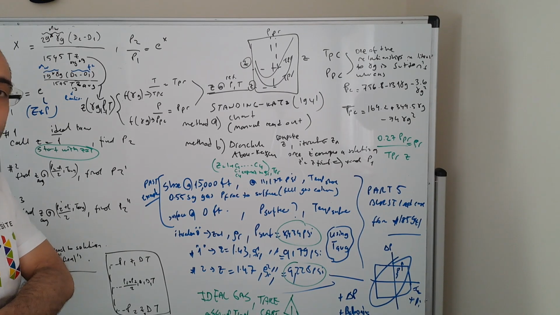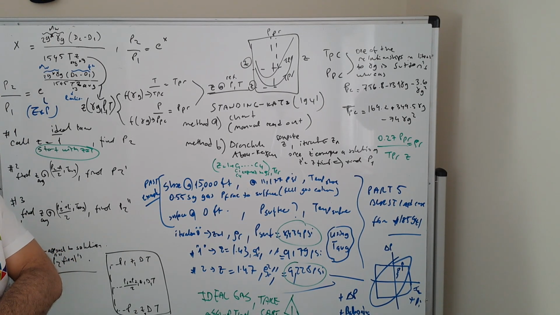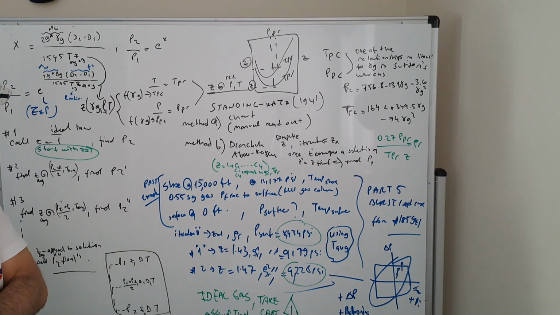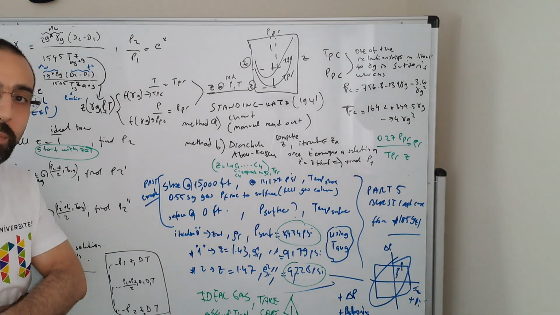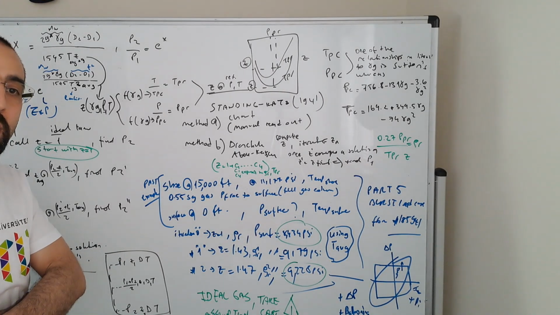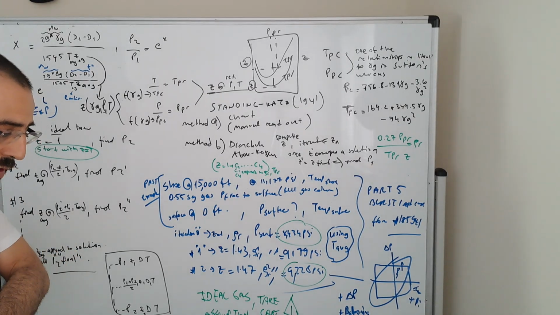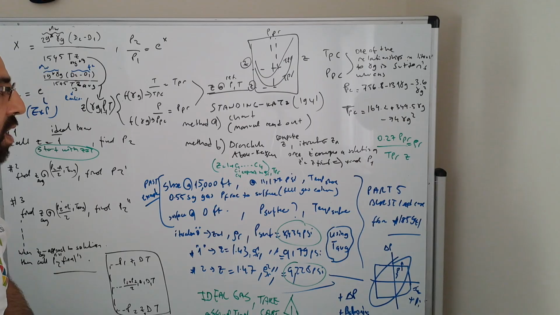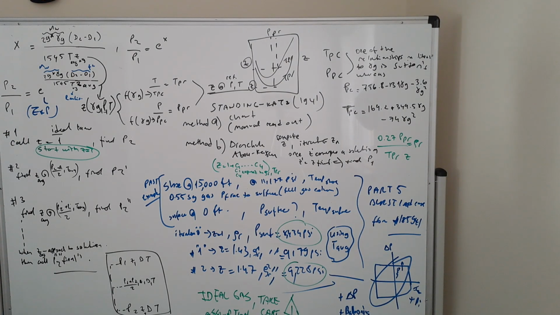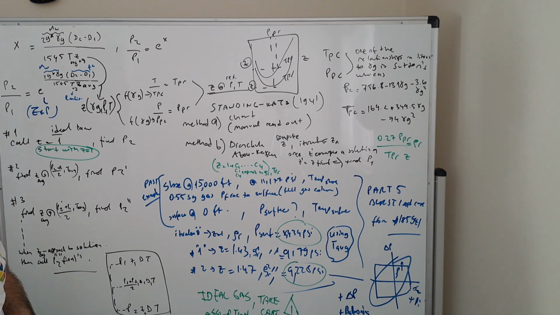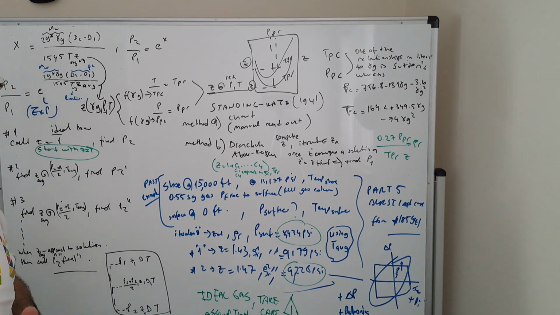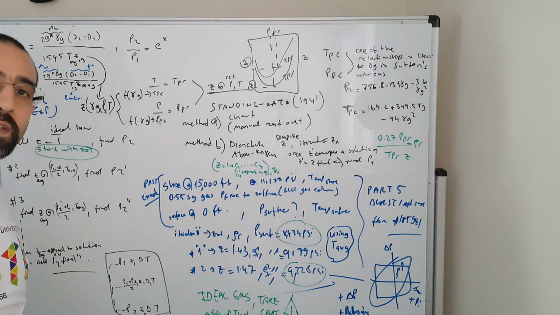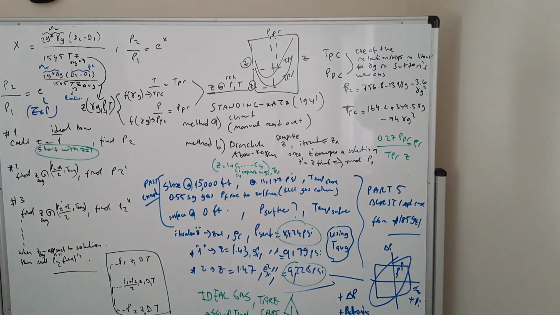So you need to start with some assumption to get into the iteration. There are other methods like Redlich-Kwong or Peng-Robinson, but here I'm not going to touch on that. I'm going to illustrate a simpler version of the compressibility factor calculation or iteration that we could easily plug into an Excel spreadsheet.